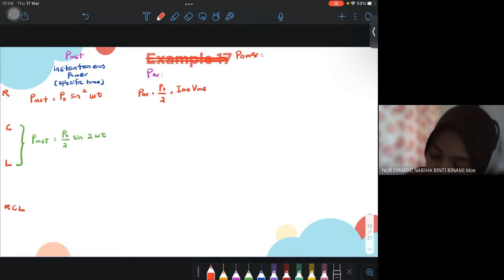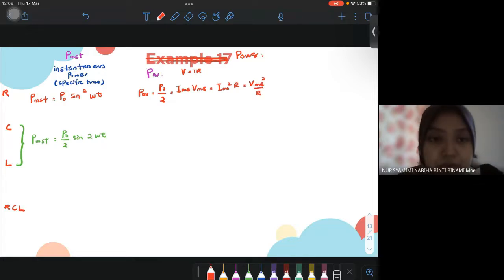Then we know that V equals IR, so it can also be I RMS squared R equals V RMS squared over R. This is the equation for P average for a pure resistor. For a pure capacitor and inductor, because the graph is a normal sine, the P average for both equals 0. There is no P average. So that is what we just learned.